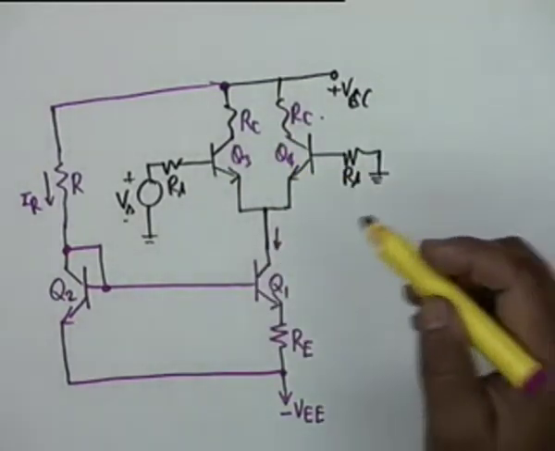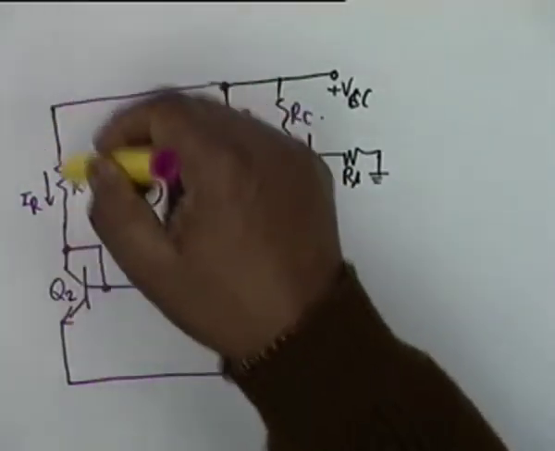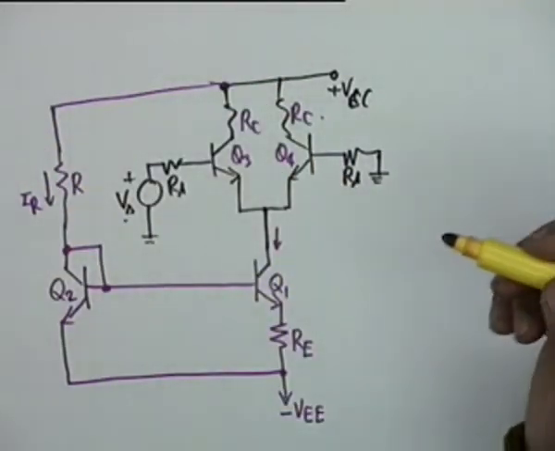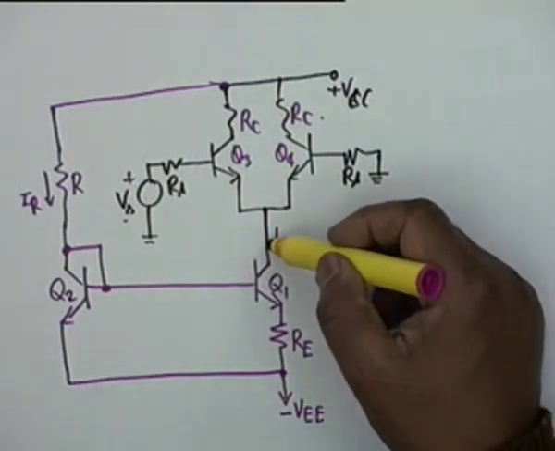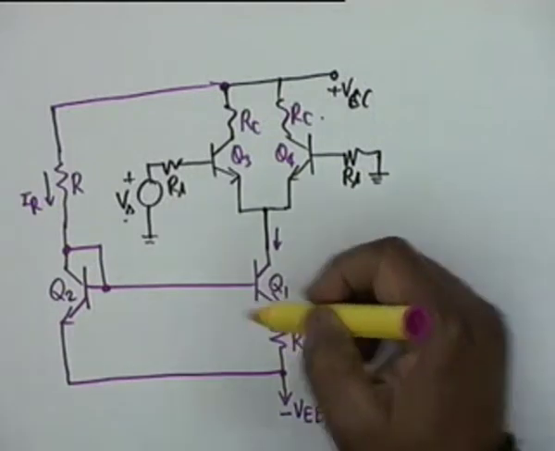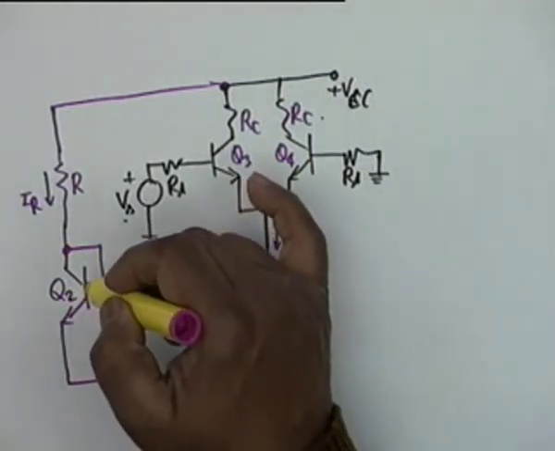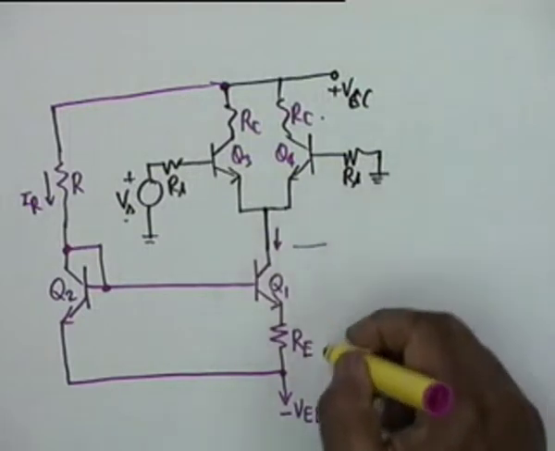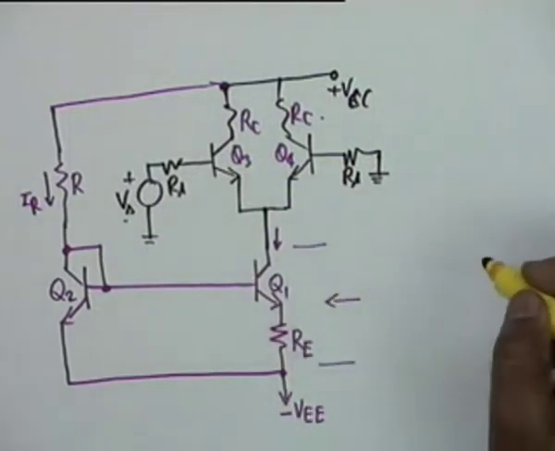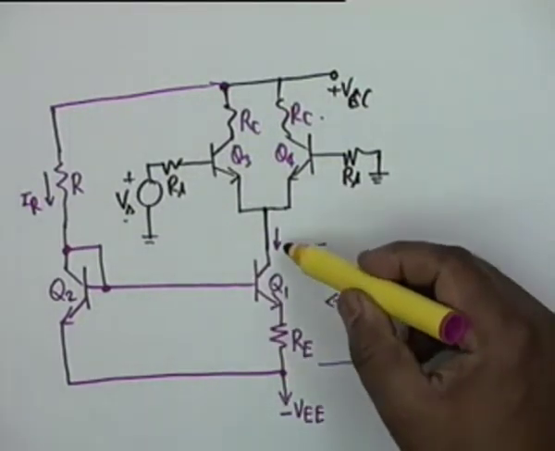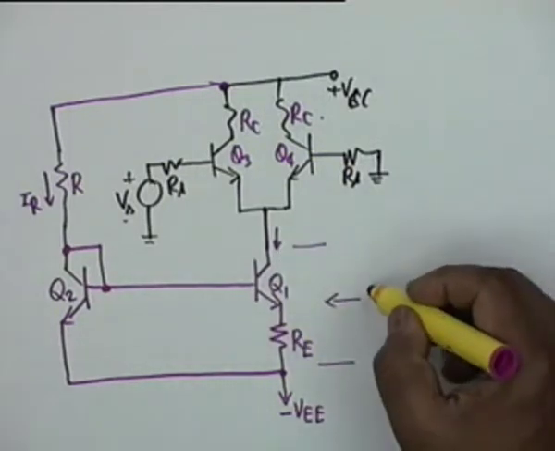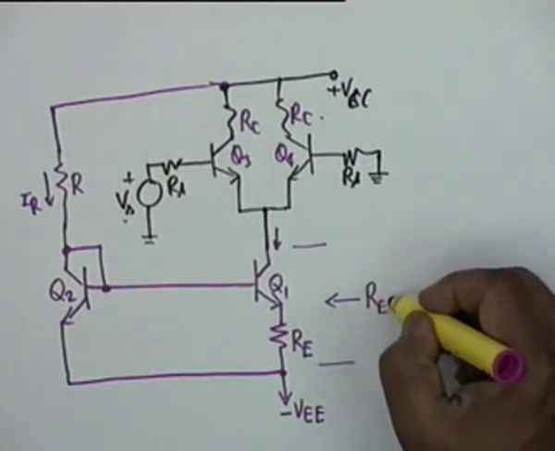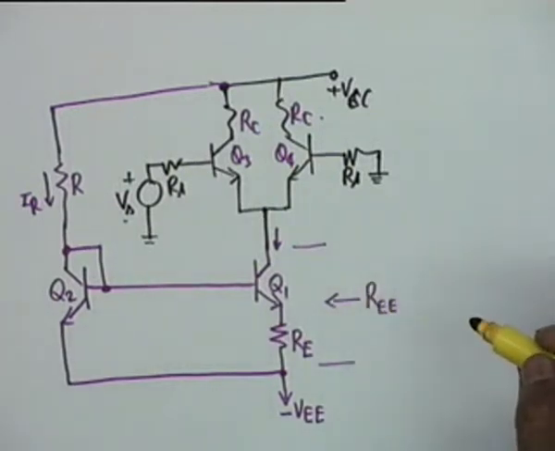Since we are concentrating on the current source and its effect on REE, the effective REE offered by Q1 and RE in current source mode is the AC impedance looking from here, that is, the output impedance of Q1 in series with RE. This is the effective REE, and you shall see that it can be increased tremendously.